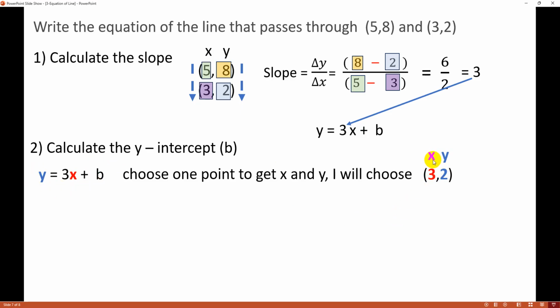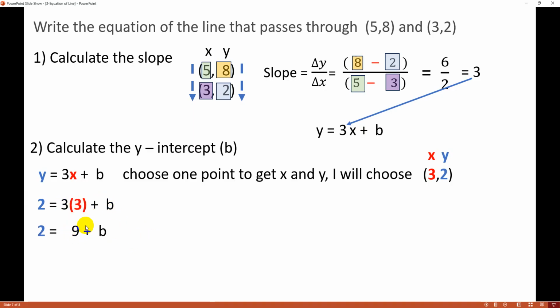So in this case, the x is going to be 3 and the y is going to be 2. So I replace, instead of the x, I put 3. Instead of the y, I put 2. Now that I replace those two values, I have one simple equation where I can find out what the value of b is. 3 times 3 would be 9.